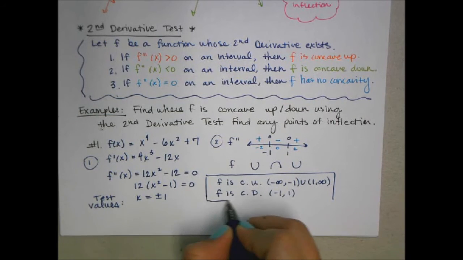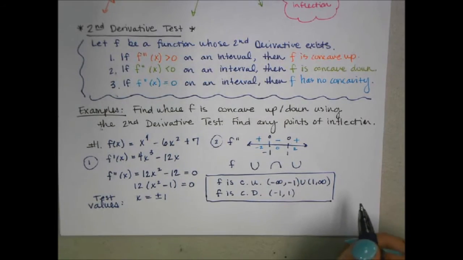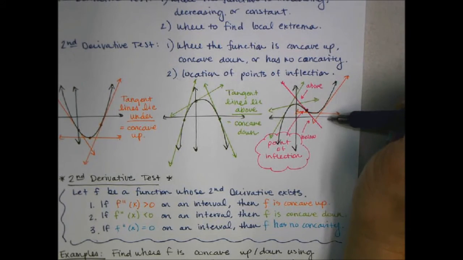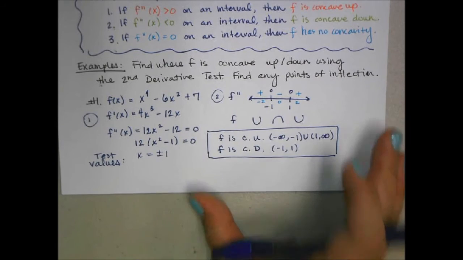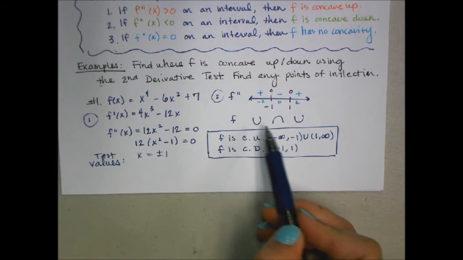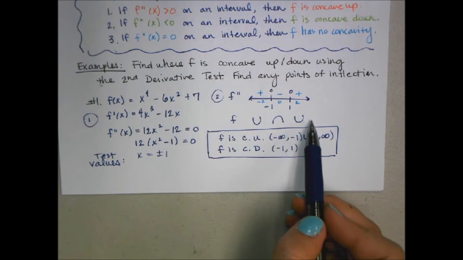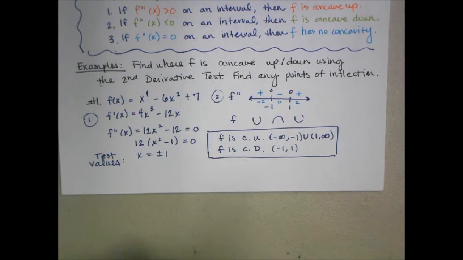So again, a point of inflection is a point where our concavity changed. So did we have points where the concavity changed here? Yes. We went from concave up to concave down at -1, and we went from concave down to concave up at 1. And so those are both points of inflection.